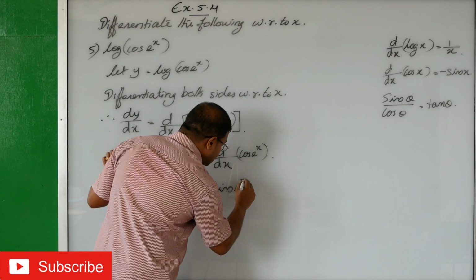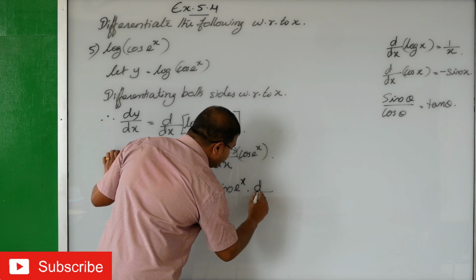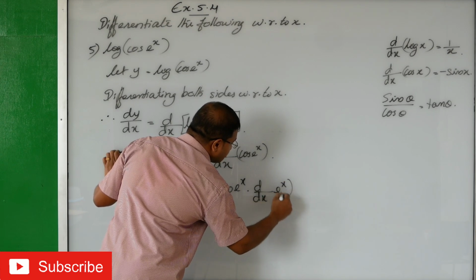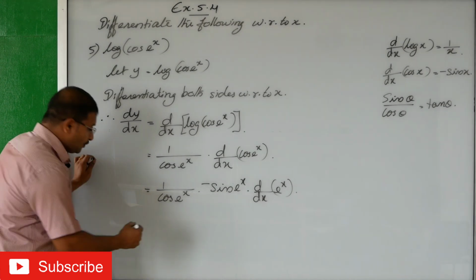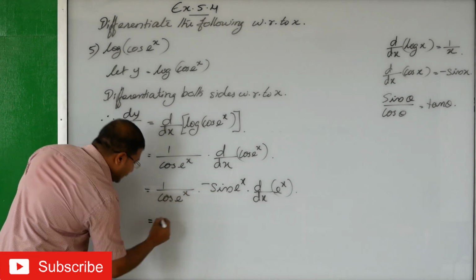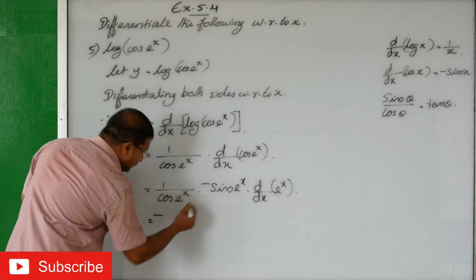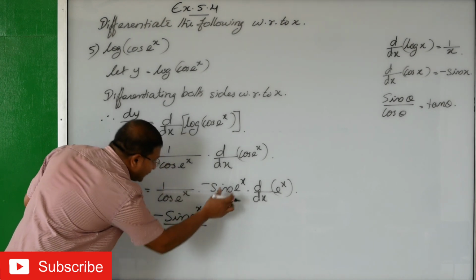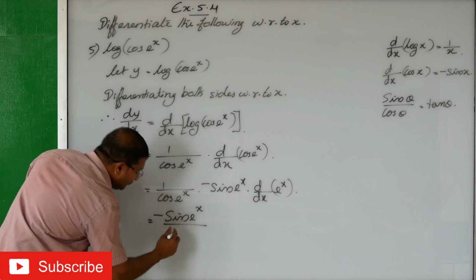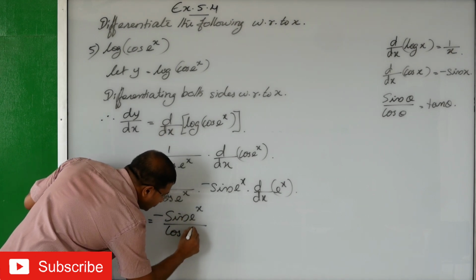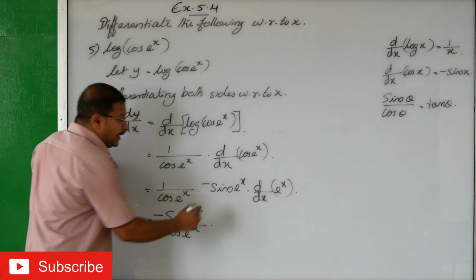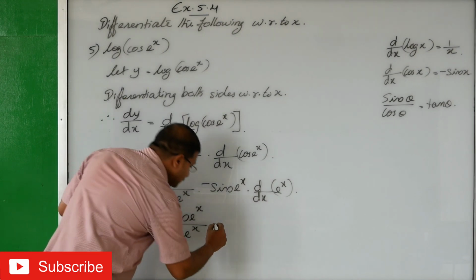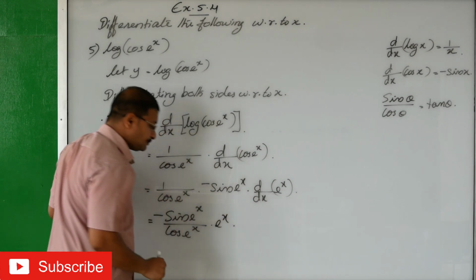Sin e raised to x into derivative of e raised to x equals, minus will take outside. After that, sin e raised to x divided by cos e raised to x into derivative of e raised to x, that is e raised to x.